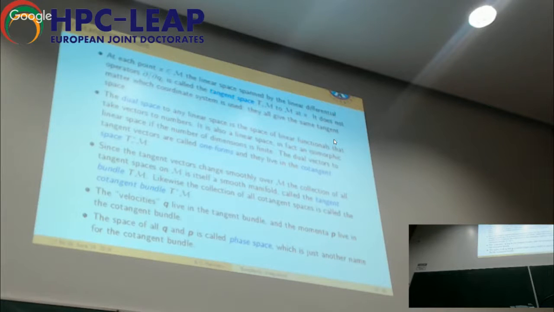We will call these dual vectors to tangent vectors one forms. The reasons are obscure, but hopefully will become clear in a minute. They live in another vector space, which looks very much like the first one, but we'll call it something different: the cotangent space, denoted T star at x of the manifold M.